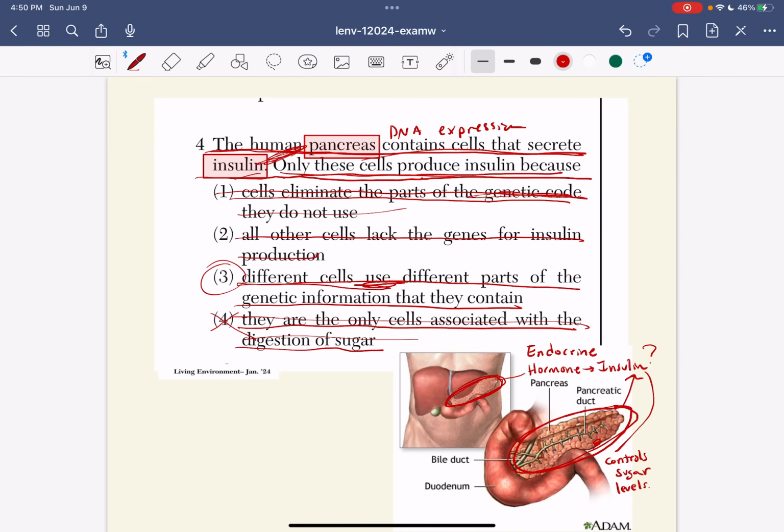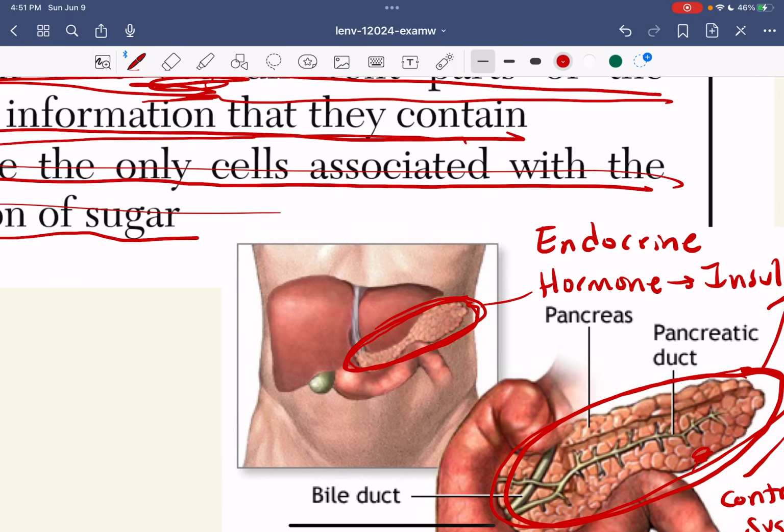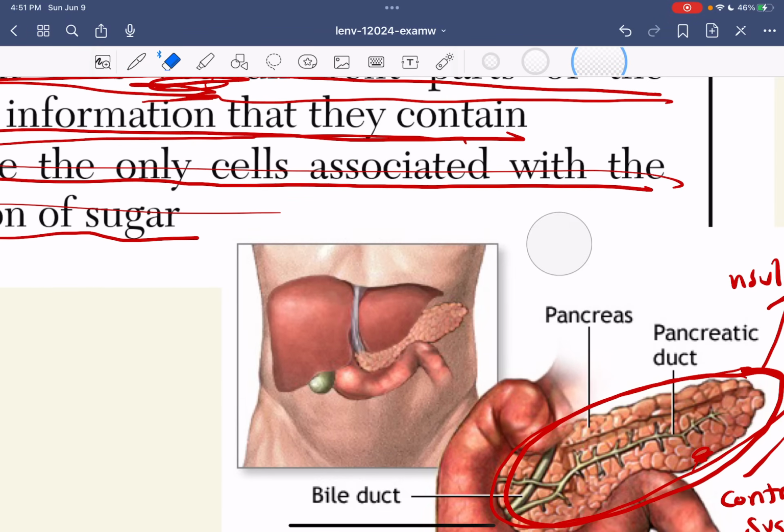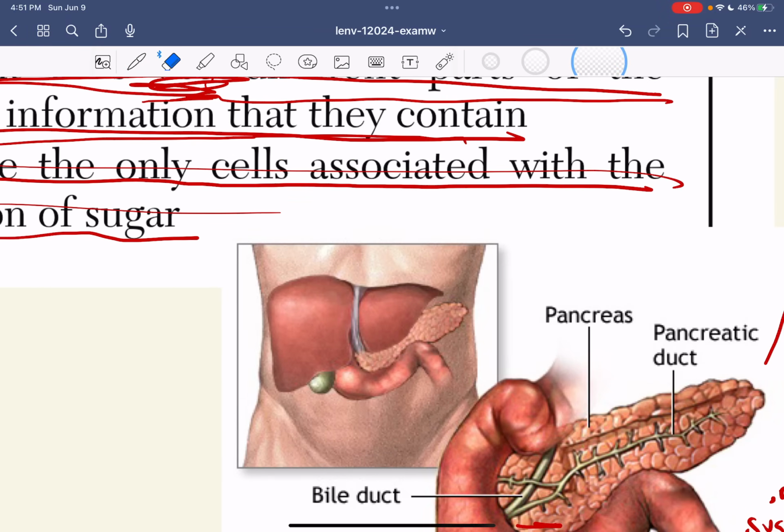Different cells use different parts of the genetic information that they contain. I like this picture because it has several organs on it. Do you know this organ right here? This is the liver.